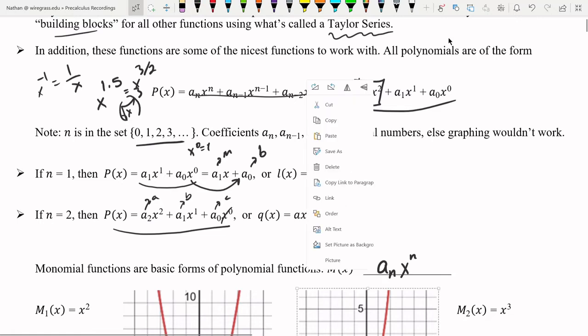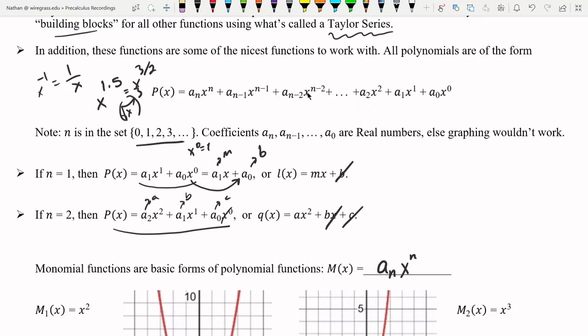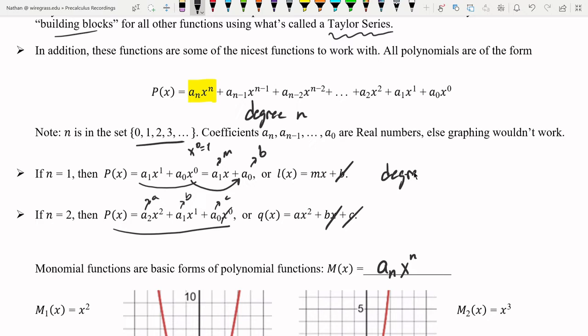So when you're looking at a polynomial function in general, much of the behavior that you're looking at is going to be dictated by the highest term, the highest power on x. We also know, of course, that this is a degree n polynomial. The linear function was degree 1, and the quadratic was degree 2.